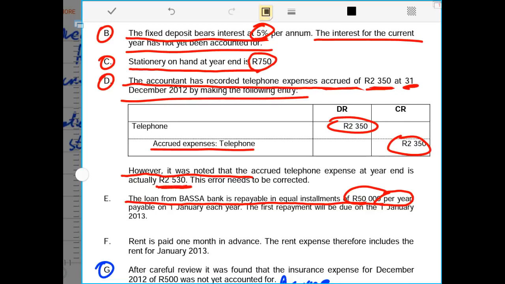2,530. So now it means the telephone account was underestimated, and again the accrued expense was also underestimated because instead of recording 2,530 they recorded 2,350. So now everything was underestimated.